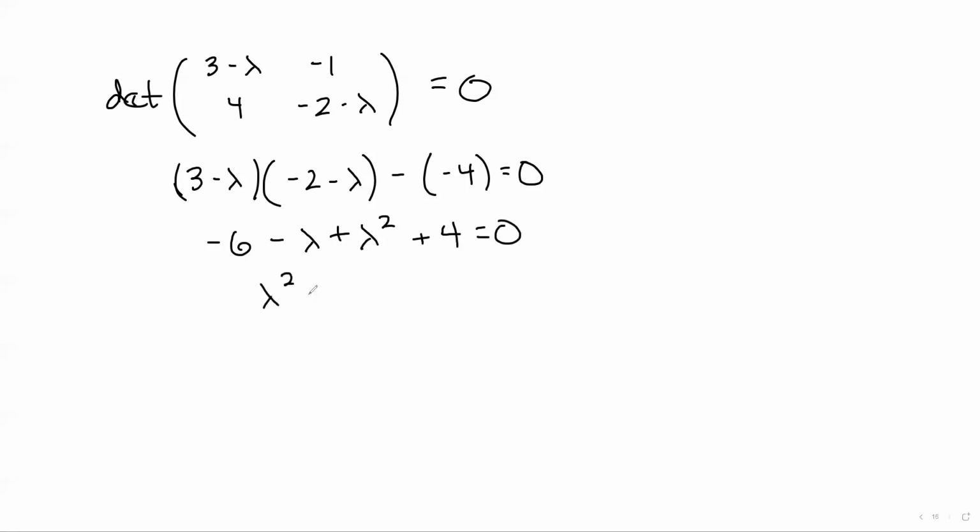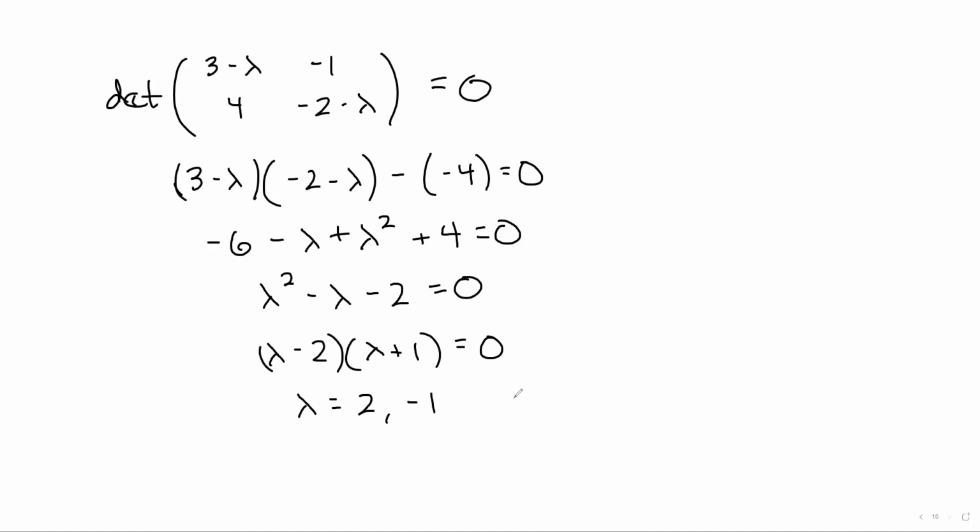So we get lambda squared minus lambda minus 2 equals 0. And so this is lambda minus 2 times lambda plus 1 equals 0. So we get lambda equals 2 or -1.